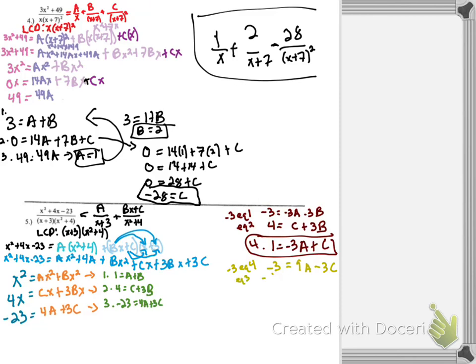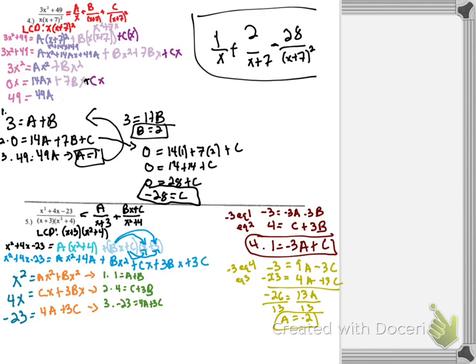We bring it over. That's going to be negative 23 equals 4a plus 3c. Combine like terms. We get negative 26 equals 13a. Divide by 13. a equals negative 2.